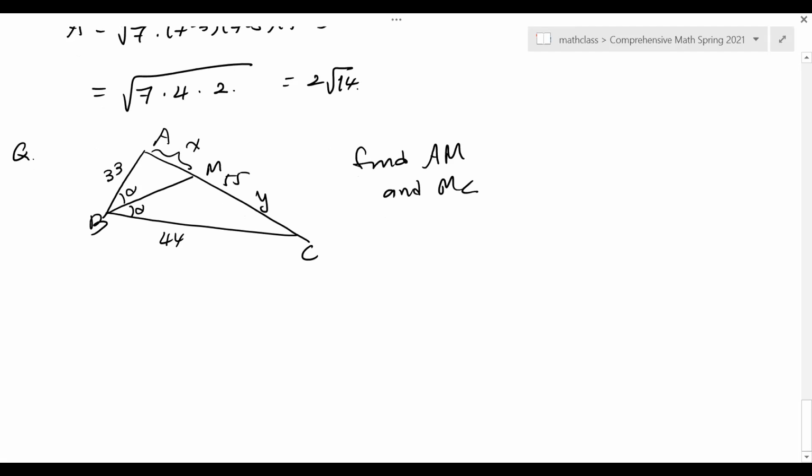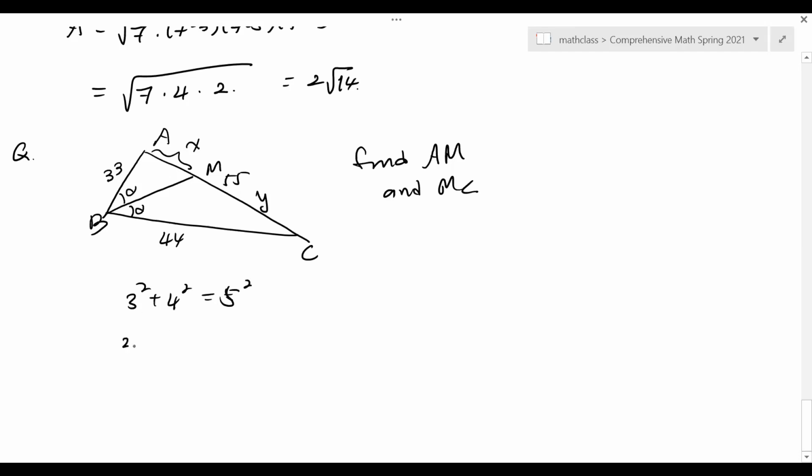Now take a look at this triangle. This triangle is very special. Each side is a multiple of 11. In other words, we know 3 squared plus 4 squared equals 5 squared.